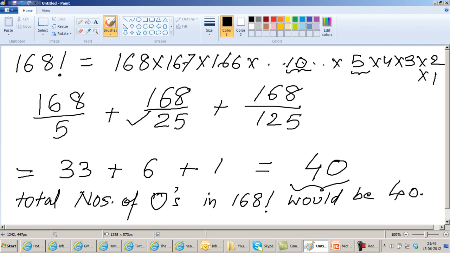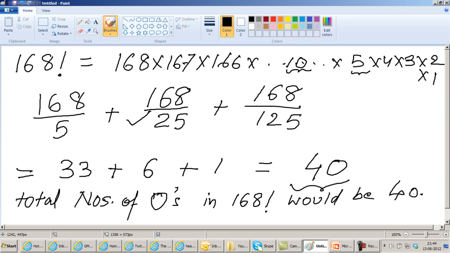Instead of multiplying using a calculator or some other means, finding a very huge number and then figuring out the number of zeros, this is a much simpler and very handy tool to figure out the number of zeros in a very large expression. I consider factorial 168 a very large expression. So be it any number in the world, you just go on dividing the way we divided 168 by 5 and then 25 and then 125.